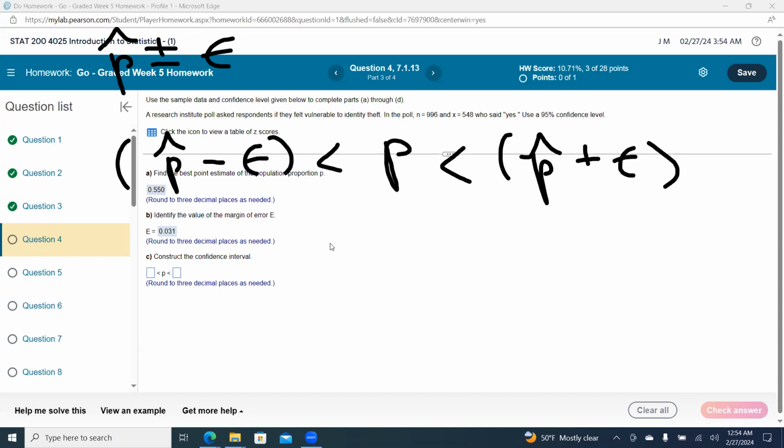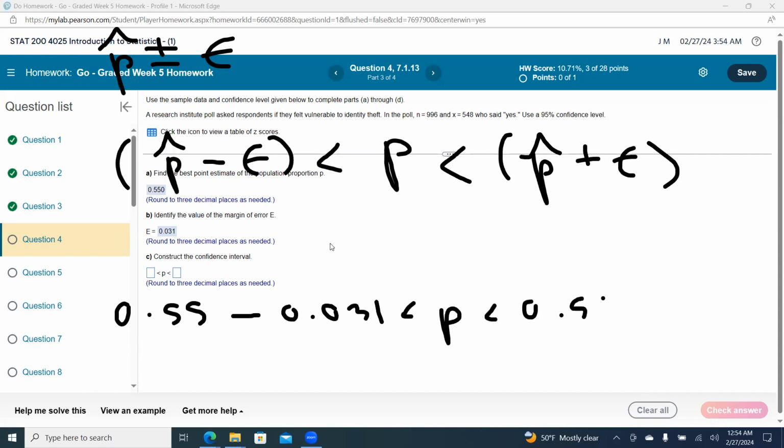So we do that. If we remember these values, we just found 0.55 minus 0.031 less than p less than 0.55 plus 0.031.